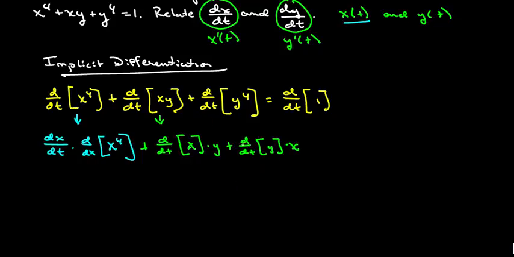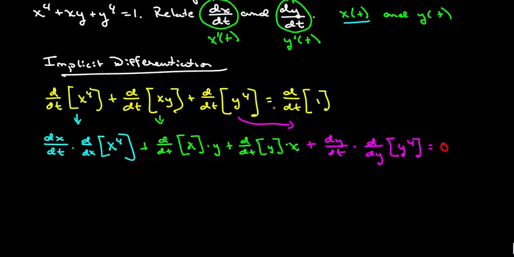We'll get to that in just a minute. Then over here, this guy in purple, we need the variables to be the same. So this would be dy/dt times d/dy of y to the fourth. And that'll be equal to, now d/dt of 1, that's just 0.